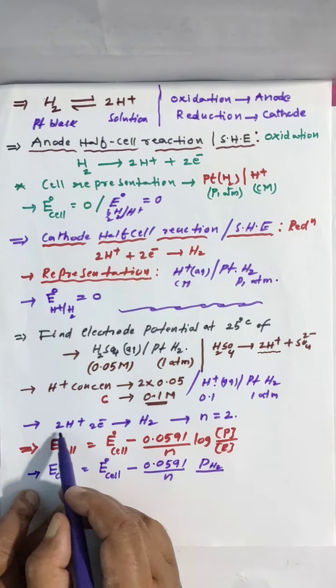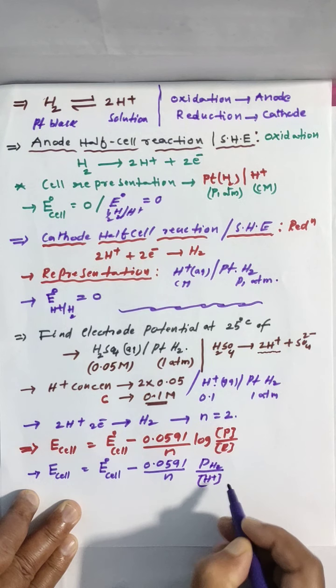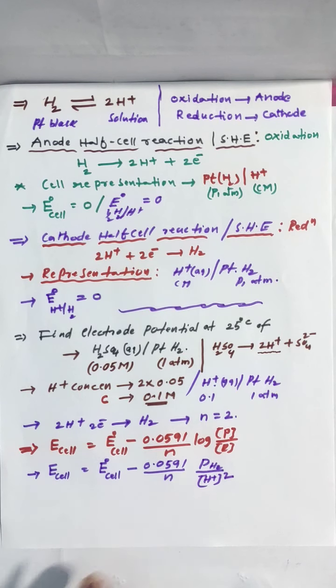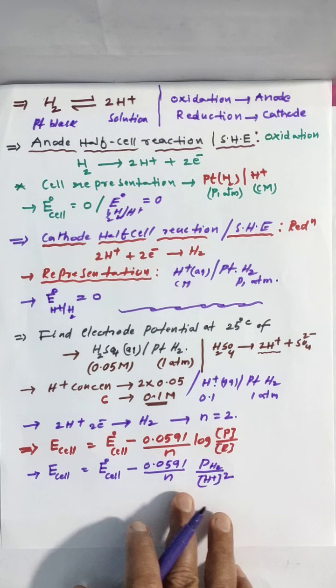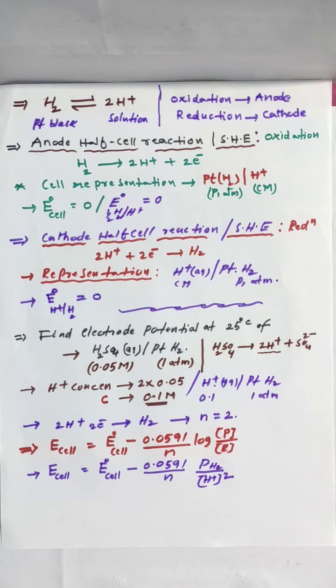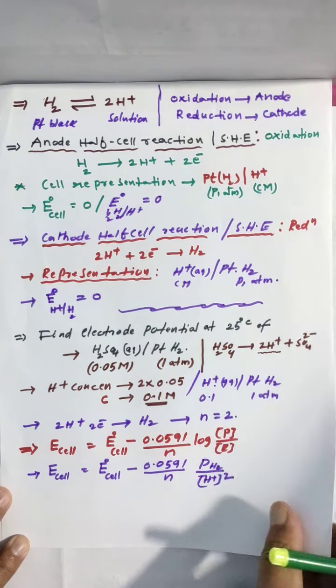How many H plus are there? 2 H plus. That's why for H plus concentration, this 2 we have to write as the power. This is the formula according to the Nernst equation. Now we have to substitute the values. If you substitute the values in this, you get the answer easily.